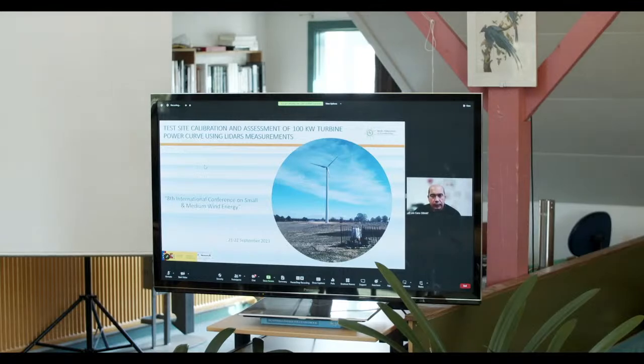So, the presentation is about the test site calibration and assessment of a 100 kilowatt turbine power curve, but using LIDAR measurements instead of met mast anemometers.